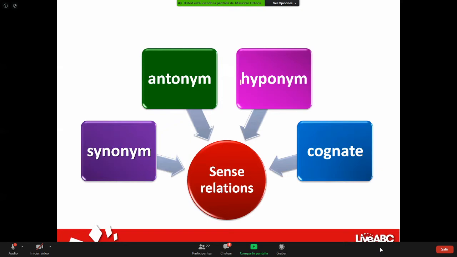A hyponym, teachers, is a word that is connected to categories of words. For example, if I tell you the word color, color would be like my top category or my hypernym. And if I told you purple, green, pink or magenta, blue, red, these are examples of colors.